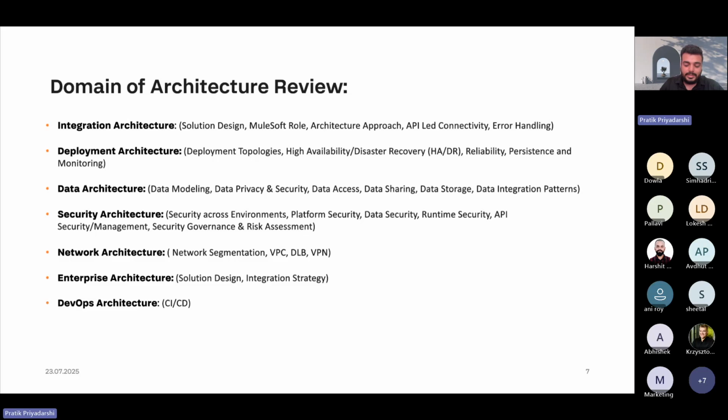Are services connected too tightly? So these are the things that we'll be checking in your integration architecture. Most importantly, we also look at how errors are being handled in your integration architecture. I've seen issues where, when an error is not handled properly, it exposes the internal logic. Sometimes, even worse, it exposes user IDs.